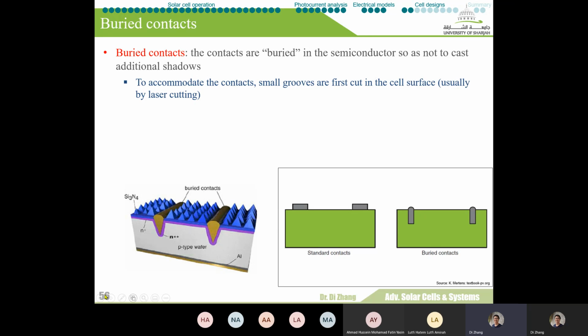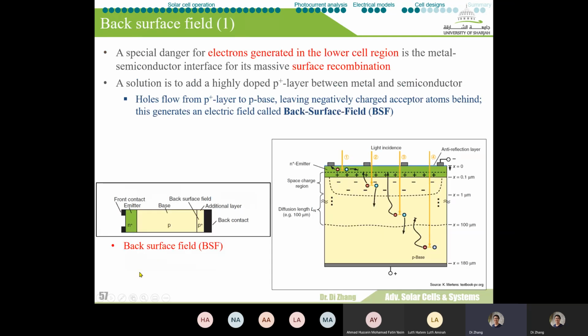Another new design that we talked about last time is the back surface field layer. The idea is that typically we want the electrons and holes, after the separation, to go in separate directions.